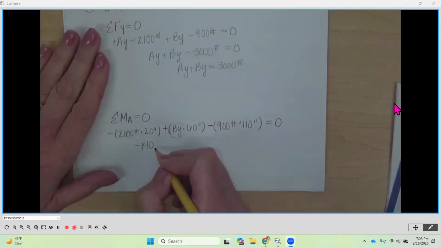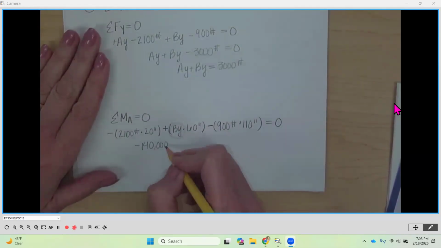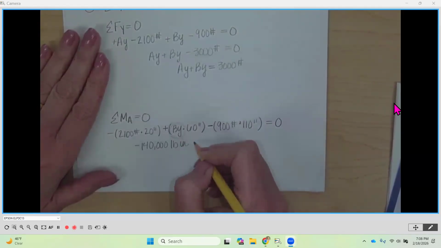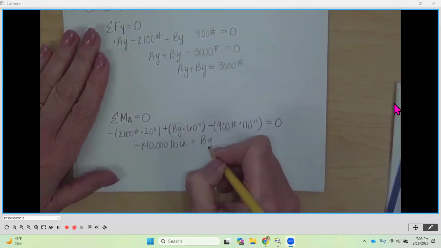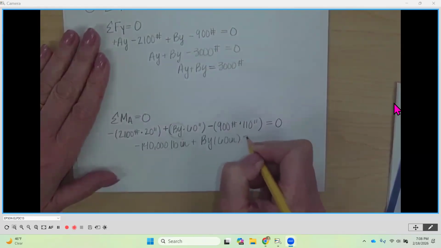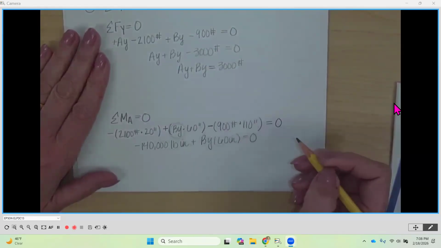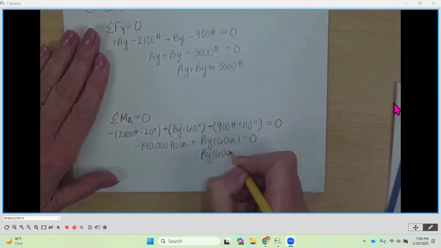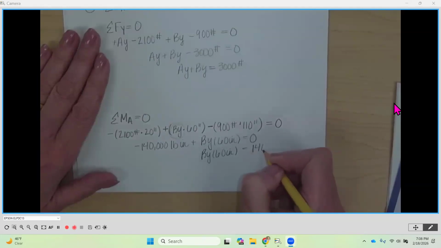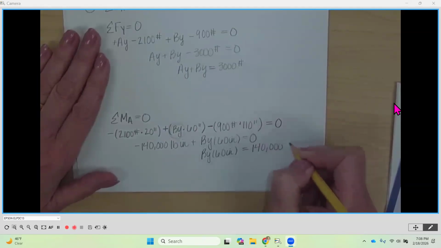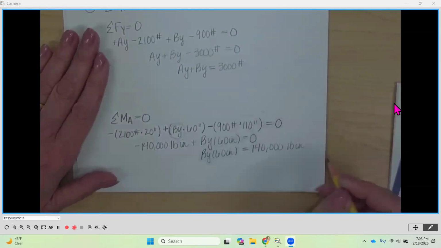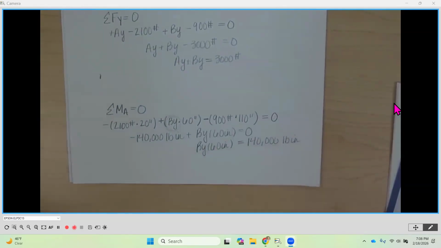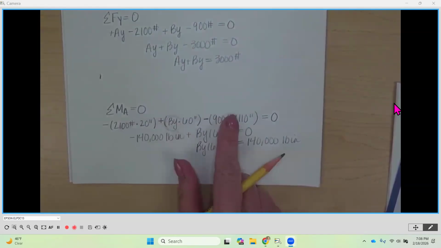I'll do it on the side here and you can compare, but I encourage you to combine. You should end up with negative 140,000 pound-inches when you combine the first one and this last one.